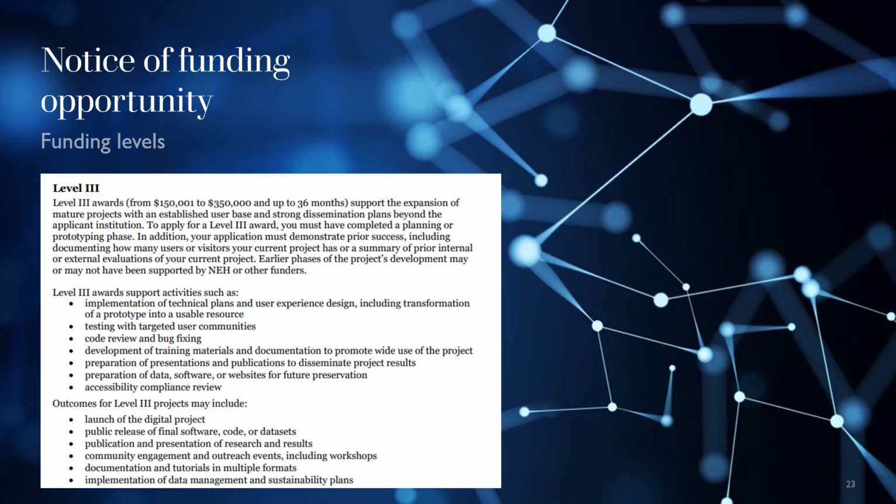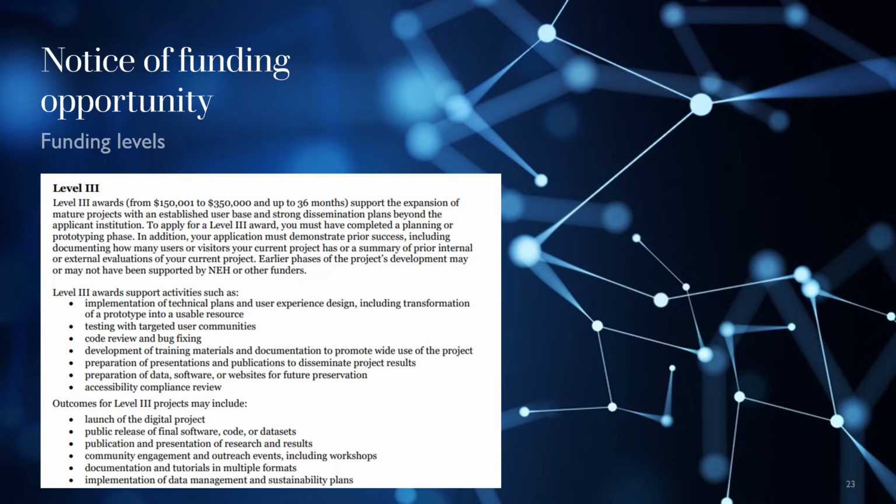Finally, Level 3 funding is to allow the scaling up and expansion of more mature projects with established user bases. Successful Level 3 projects must have robust dissemination plans beyond the applicant institution and include a formal sustainability plan. This plan should discuss the project's long-term financial needs and demonstrate how it will continue to meet its goals after the period of performance.